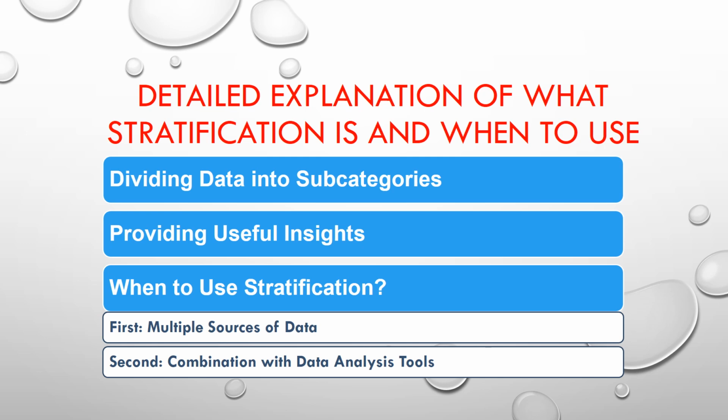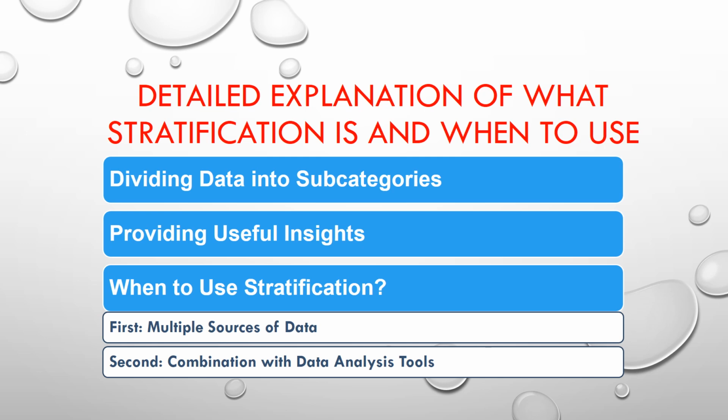For example, if you are trying to identify the root cause of defects in a production process, you can stratify the data based on different shifts or equipment used. This can help you pinpoint which shifts or equipment are associated with higher defect rates and, in turn, direct your efforts toward improving those specific areas.